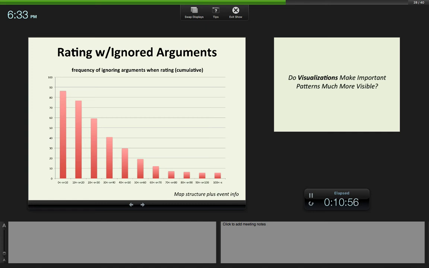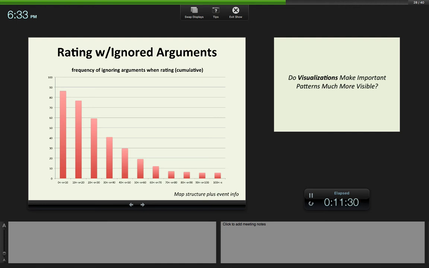And what we found is that roughly 86% of the ratings in the map were made while not having viewed at least some of the underlying arguments. And it turns out that there was even a non-zero percentage, roughly 6% of the ratings, that were made while having not viewed all of the arguments underlying that post.